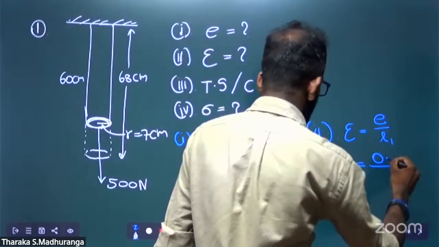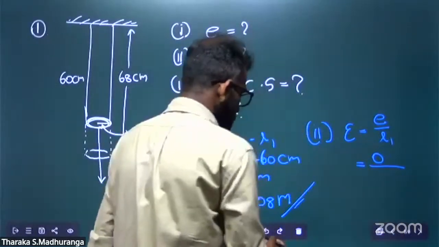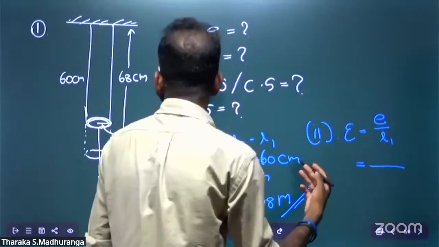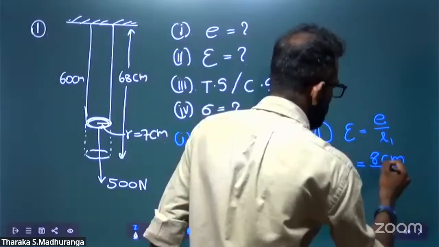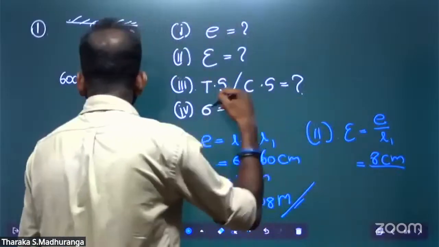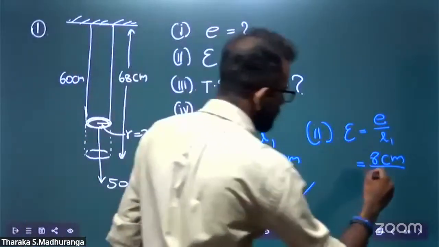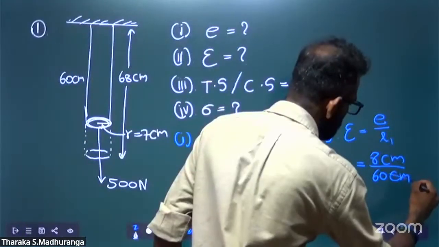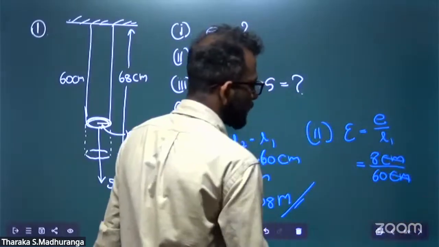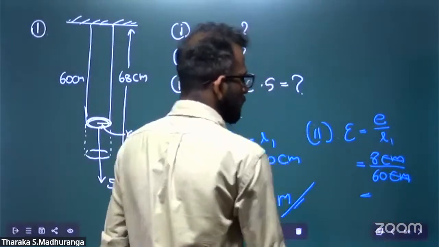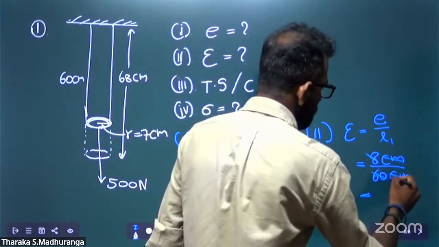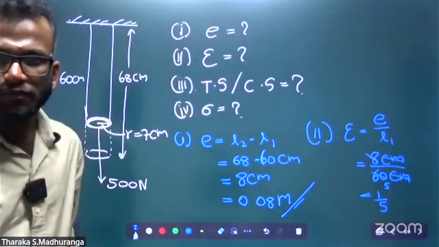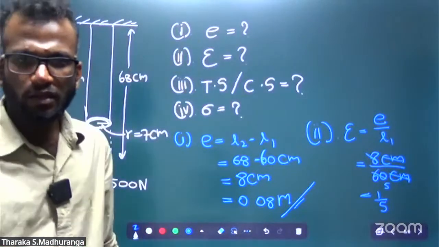Actually you don't need to convert; if you want, you can substitute in centimeters, because centimeter to centimeter cancel out. Then you can substitute 8 centimeter as the elongation. The L1 is 60 centimeter. Then centimeter to centimeter cancel out, and it also cancels into 5. Then 1 over 5 is 0.13.